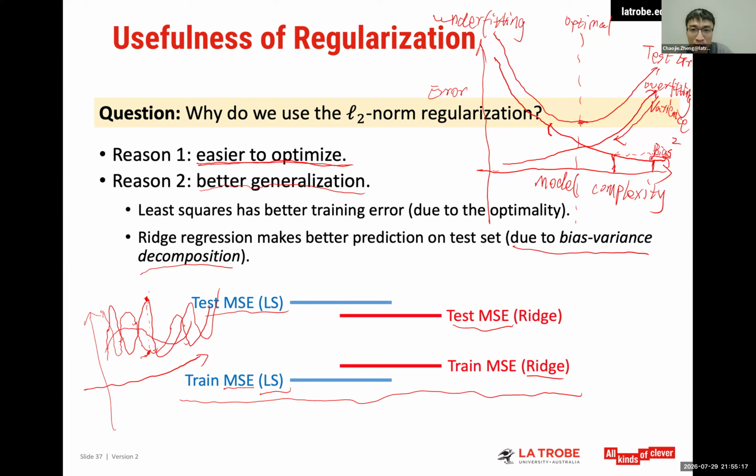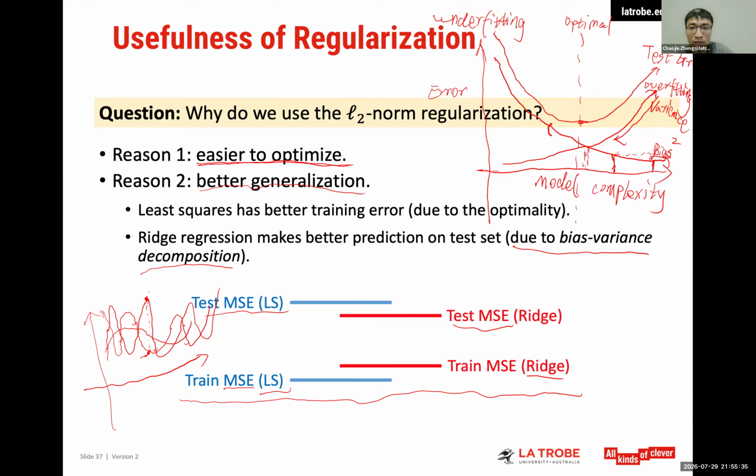If we keep decreasing the model complexity, we will reach a balance point with a good balance between the bias and variance.